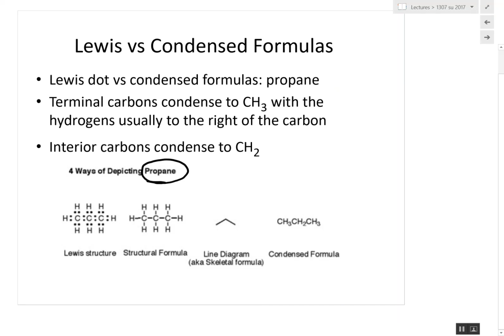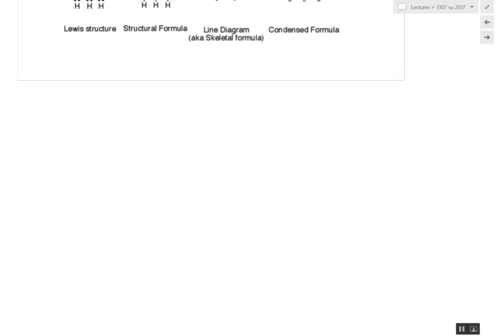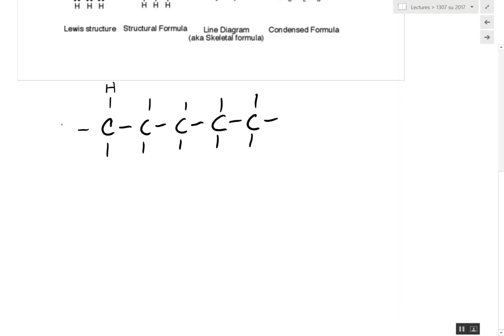Well, let's get another line diagram. Let's do butane. Or let's do pentane. So there's the structural formula.